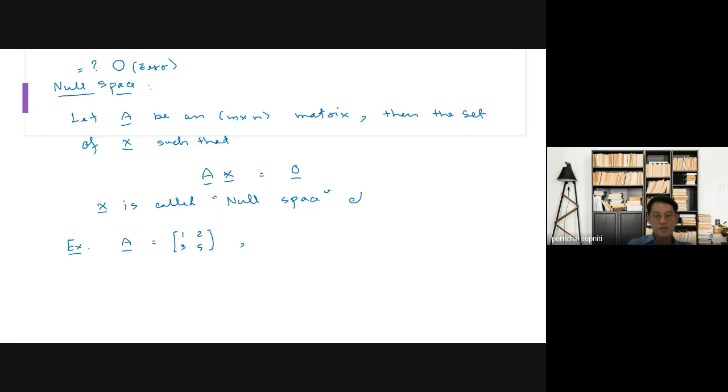Null space is often represented by N of matrix A. So find the null space of A. For this example, we set Ax equal to 0, which is 1, 2, and then 3, 5, times x. Let x be x1 and x2, equal to 0. This 0 is a vector.